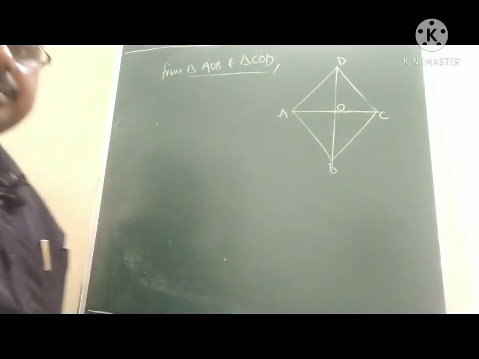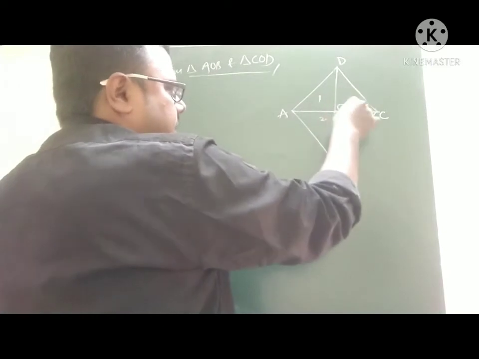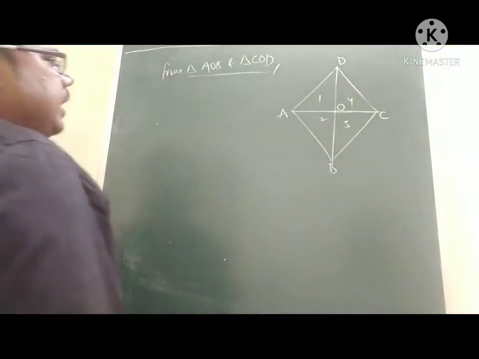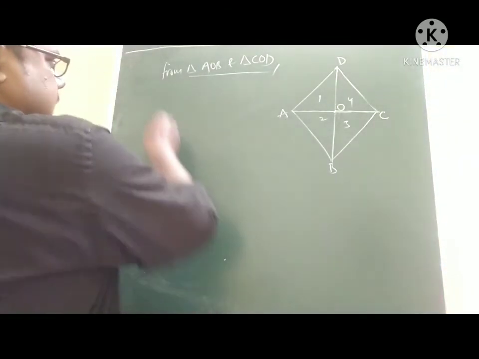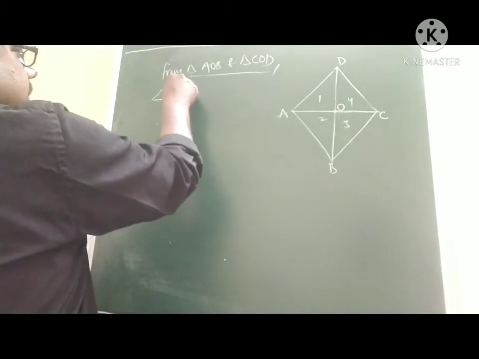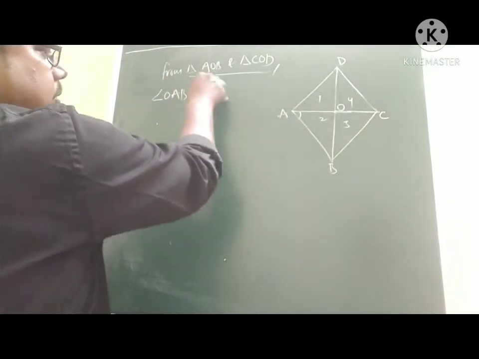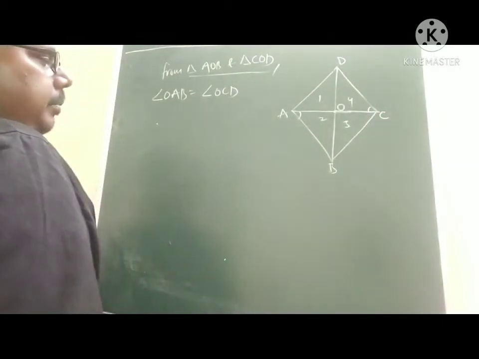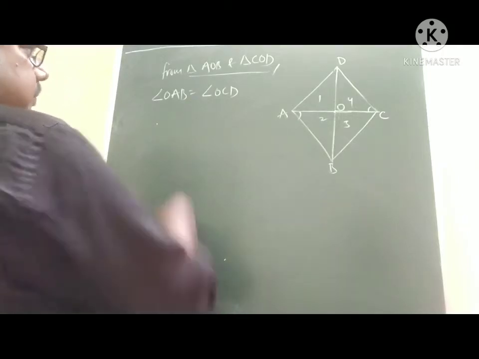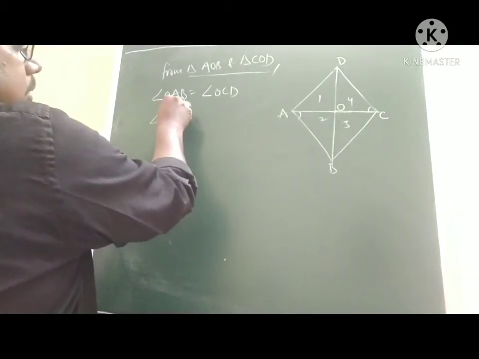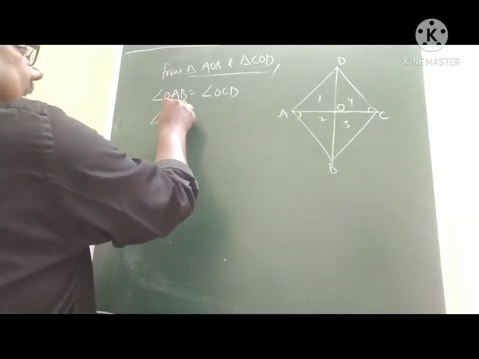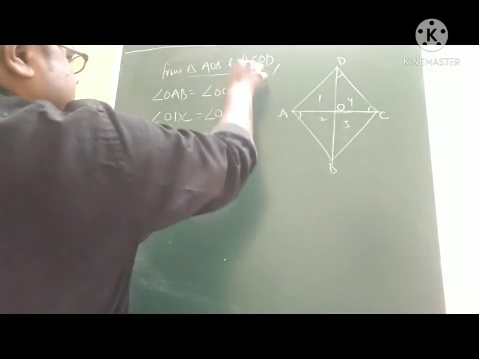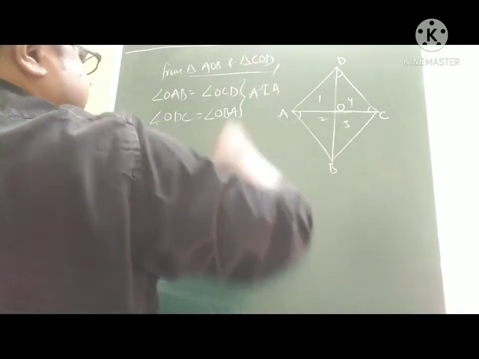From triangle AOB, let me label it for our convenience, 1, 2, 3, 4. So I took 2 and 4. Now here, angle OAB is equal to angle OCD, and at the same time angle ODC is equal to angle OBA, because alternate interior angles, right?